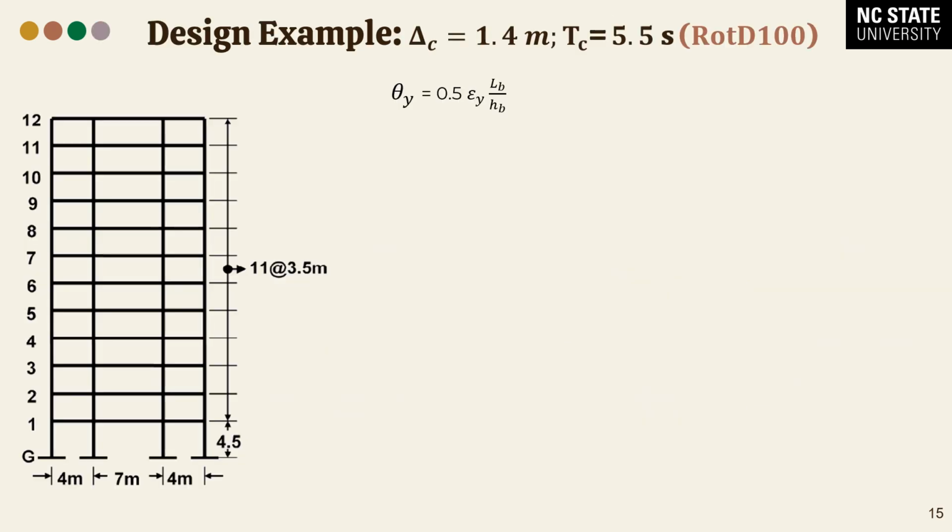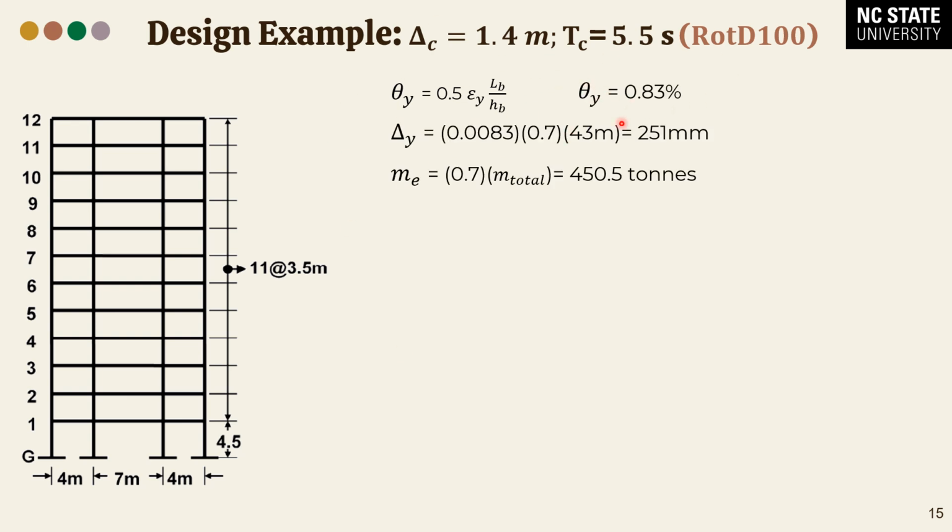So going back to that same building example that Mervin presented earlier, we have our yield drift shown here, characteristics of the building. We calculate that to be 0.83%, and assuming an effective height of 70%, we found our yield displacement for the building, as well as assuming an effective mass of 70% of the total, we found our effective mass.